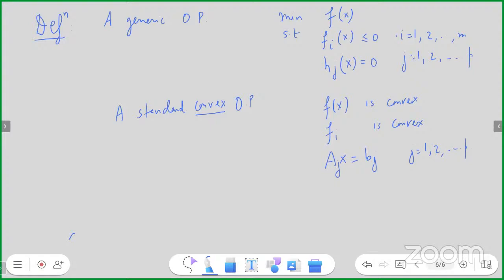Okay, give me a problem which is not in the standard convex program. Let's call the other thing just a program, and let's call this a convex program. Give me an example of a program which is not a convex program and which is still useful.